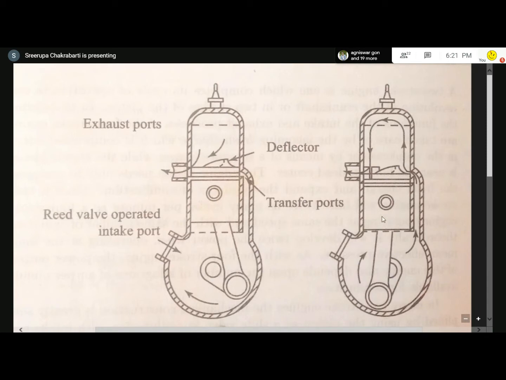When it moves upward, what happens? The gas which is there in the crankcase, that volume expands because the piston is moving upward, and this piston body is covering this port. This is called the transfer port. Because the piston body is quite long, the top portion of it covers the port initially, and as a result, what happens?